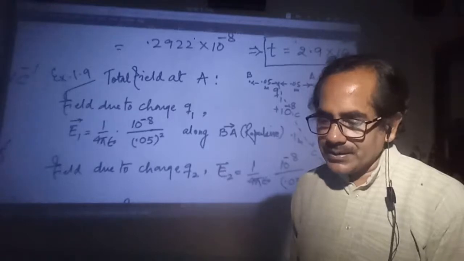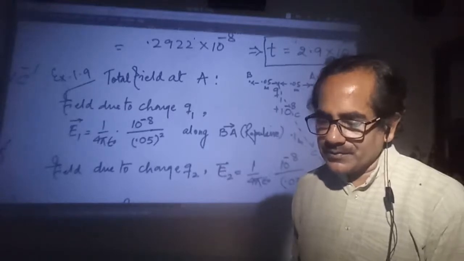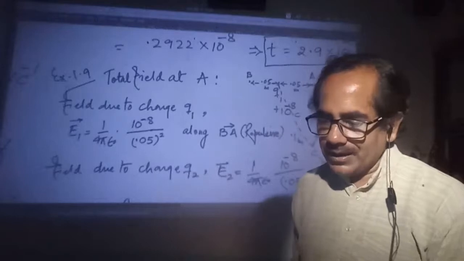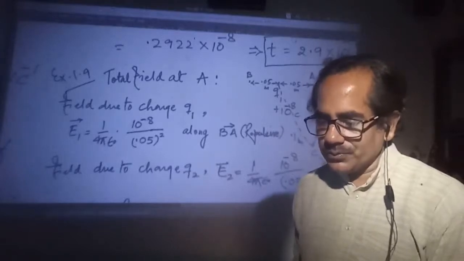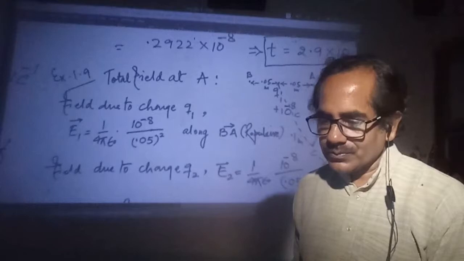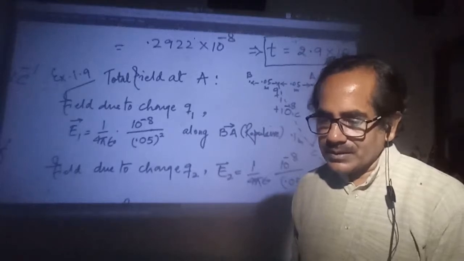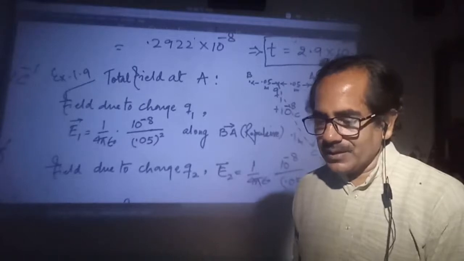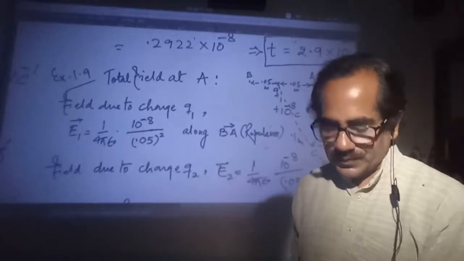And here you see this is negative charge, this is positive charge. So field due to Q2 is attractive, and it will go along CQ2. That is CQ1 and CQ2, not B. So resultant will somehow come in this direction.